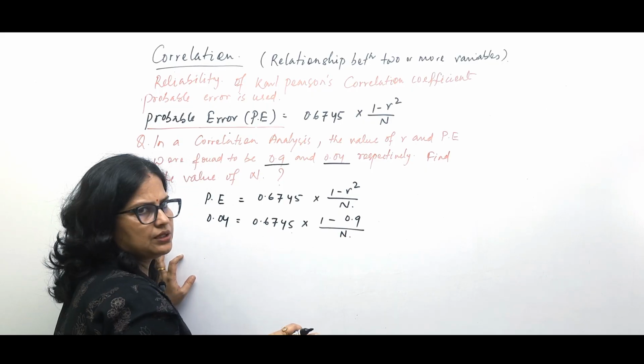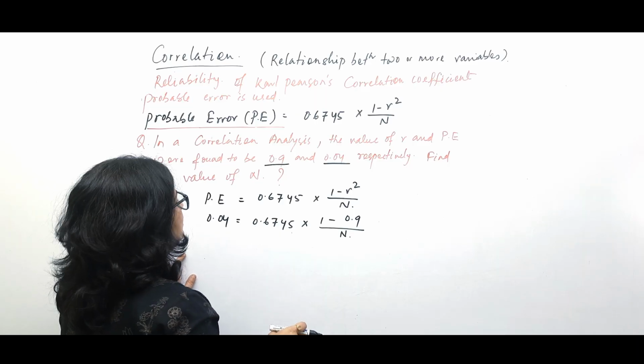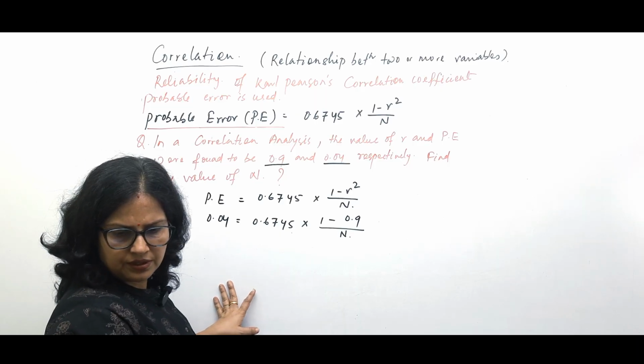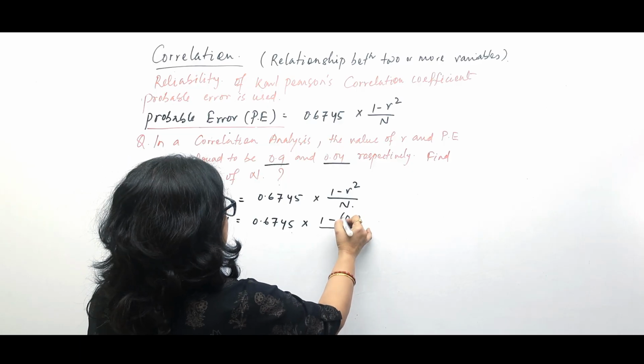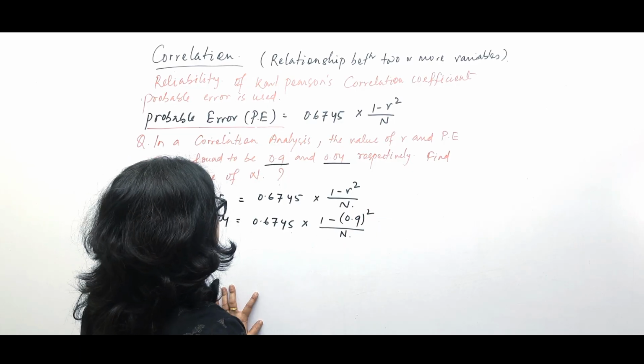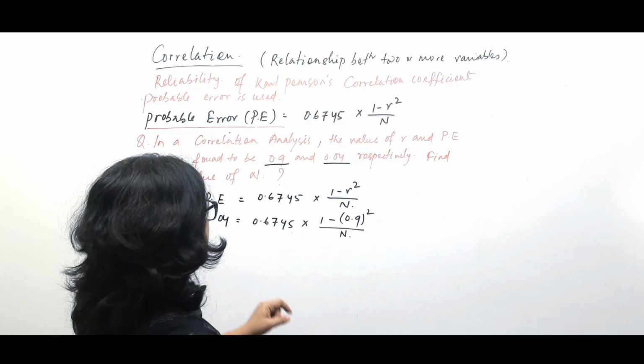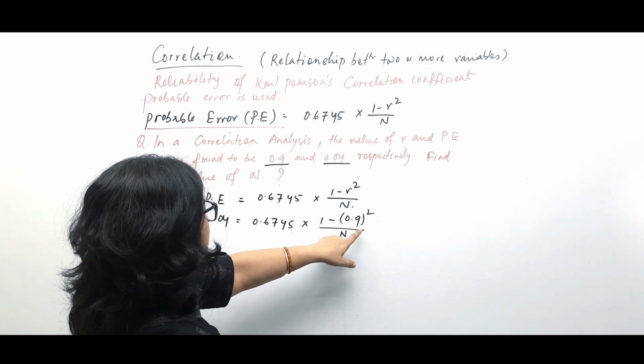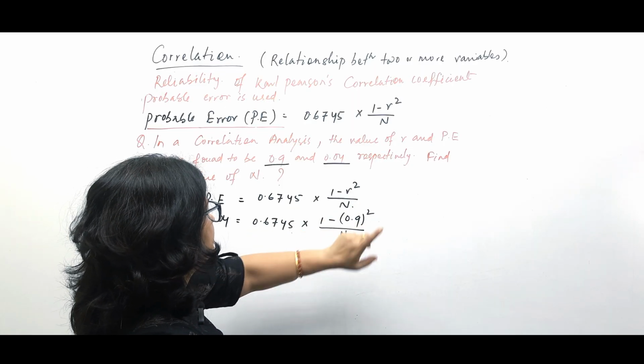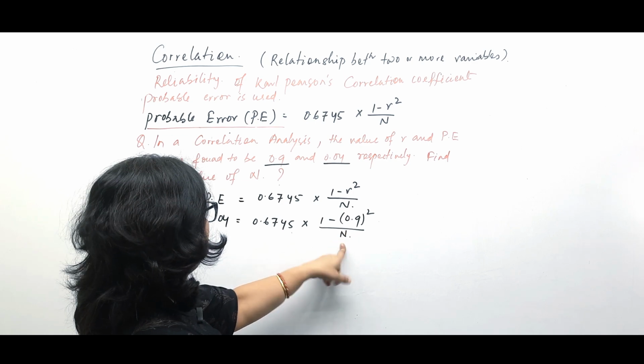All the values are given, so we need to calculate the value of n. r square is 0.9 square divided by n.